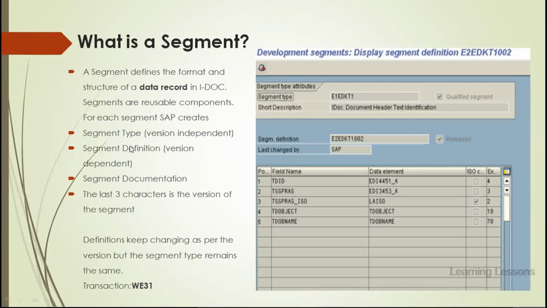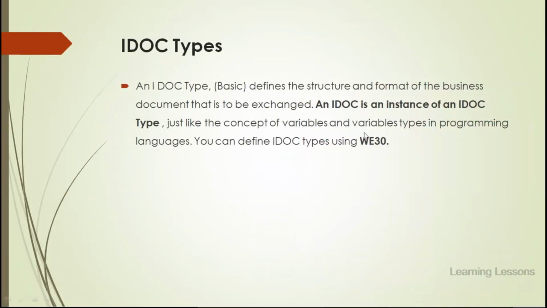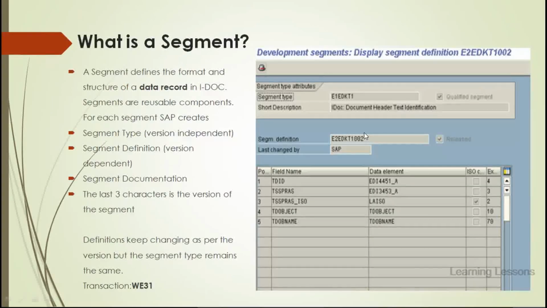There might be different versions for each segment, so we always need to consider the latest version. That I'll also show at the time of configuration. Segment definition means version-dependent segment documentation. The transaction for segments is WE31. WE30 is for the IDoc type, WE31 for segments.